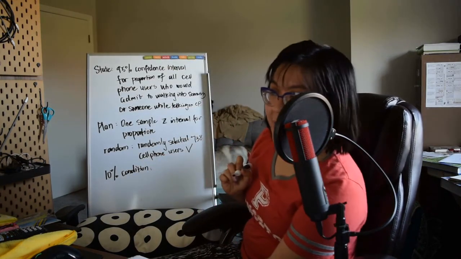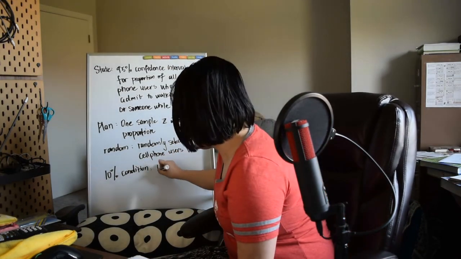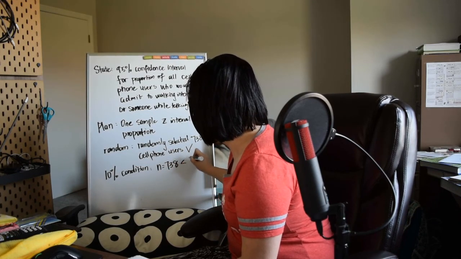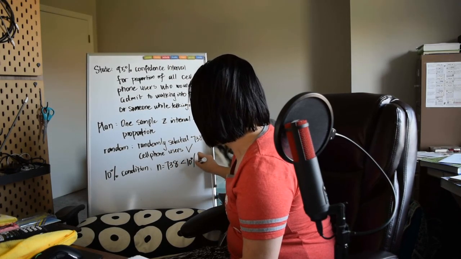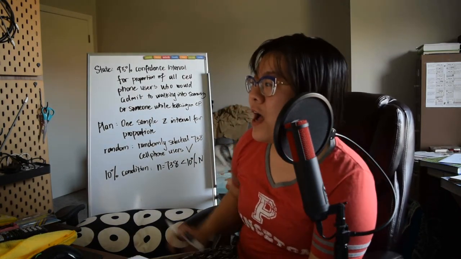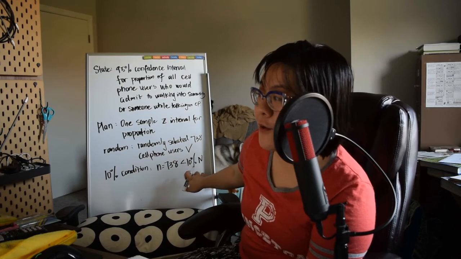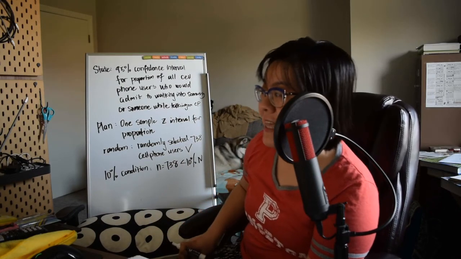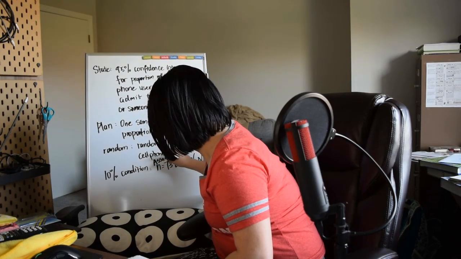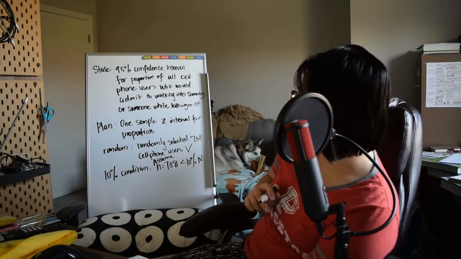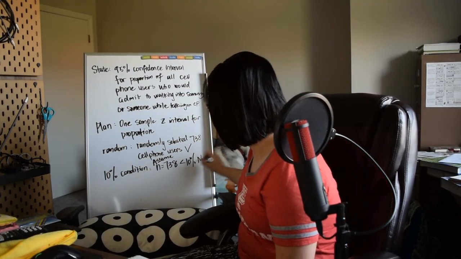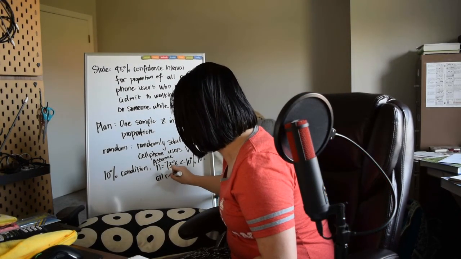We want to see our sample size, n equals 738, if it's less than 10% of N. N is all the cell phone users. So over here we can assume n equals 738 is less than 10% of N, which is all cell phone users.